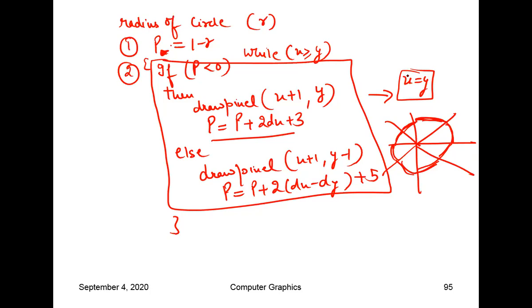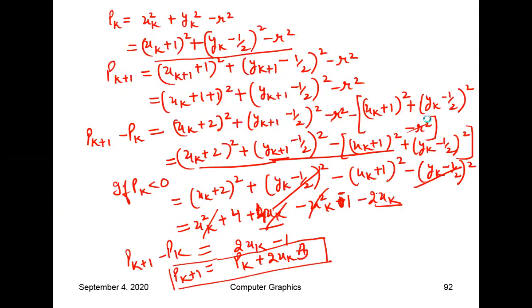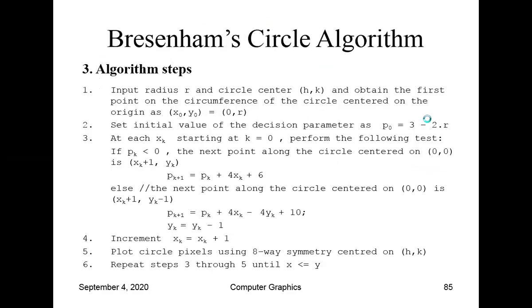Okay, no questions. So how will we draw this in every other octant? Whenever a point is drawn, we don't draw it only in that particular octant; we have to draw it in every octant.